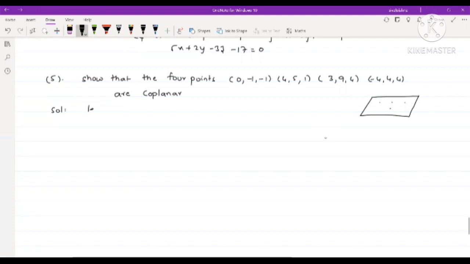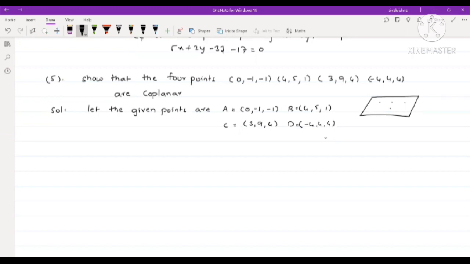Let the given points be A equal to 0 comma minus 1 comma minus 1, B 4 comma 5 comma 1, C 3 comma 9 comma 4, D minus 4 comma 4 comma 4.